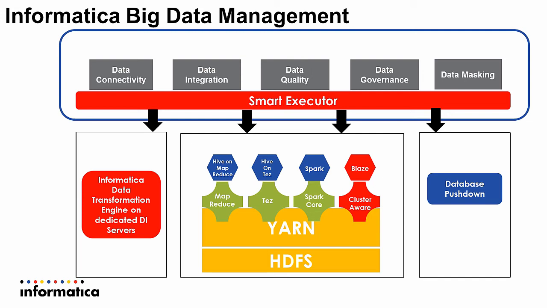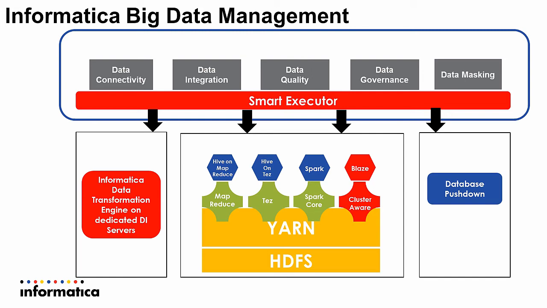If I look at just the Hadoop context, in the middle section here, I've got MapReduce, Hive on Tez, Spark, and Blaze. In terms of running data integration on Hadoop, the Smart Executor will decide: does this workload fit Hive on MapReduce? Does it fit Hive on Tez? Can I execute faster on Spark?